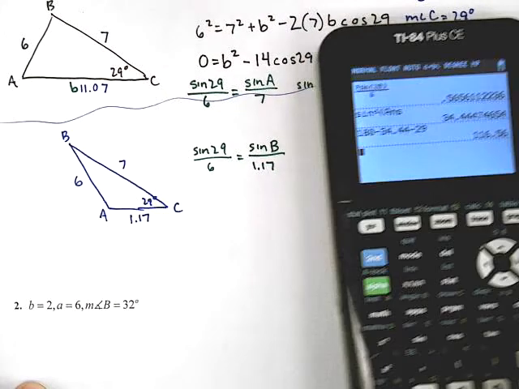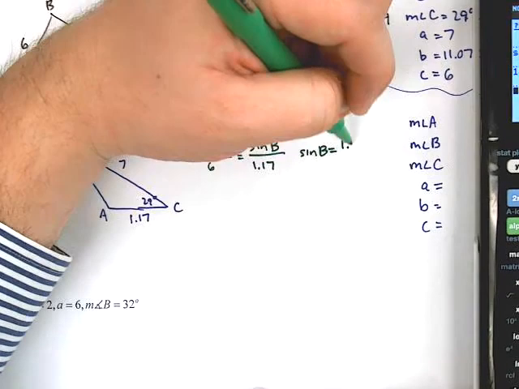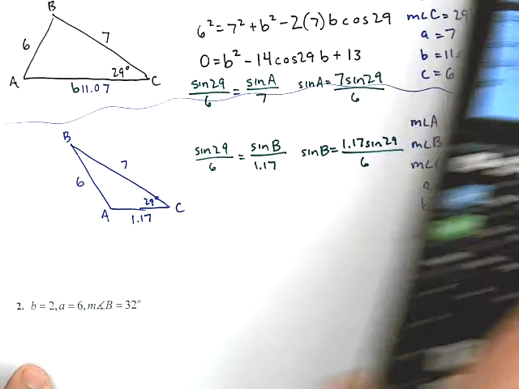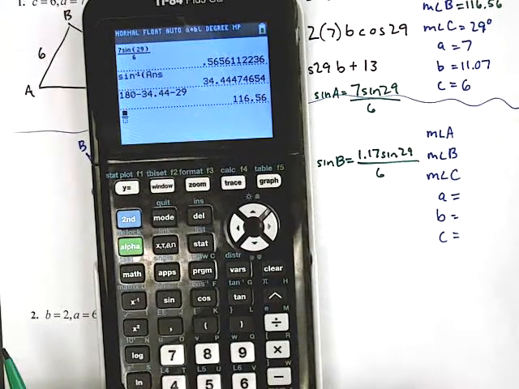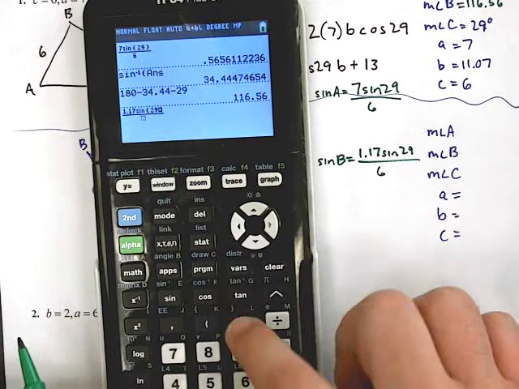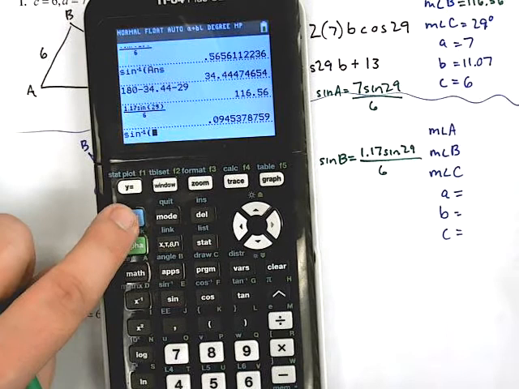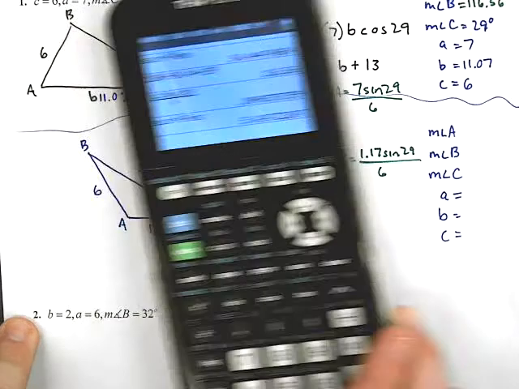And when we do this, I'm going to say that the sine of b is equal to 1.17 sine 29 all over 6. So let's do it. 1.17 sine 29 all over 6. And here we can use the inverse sine again to get that b has an angle measure of 5.42 degrees.